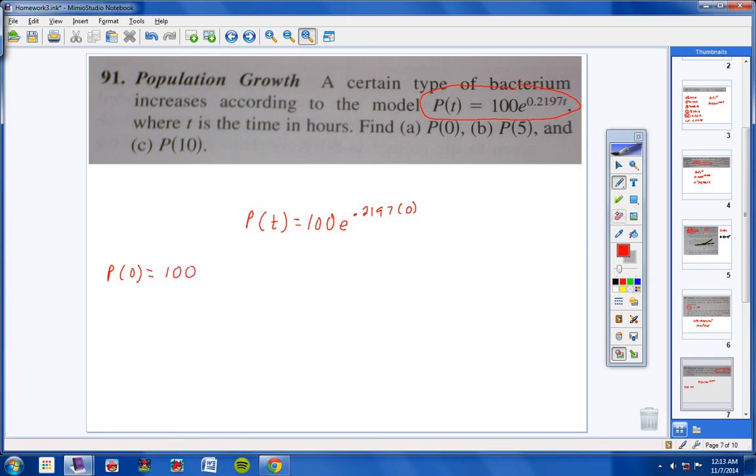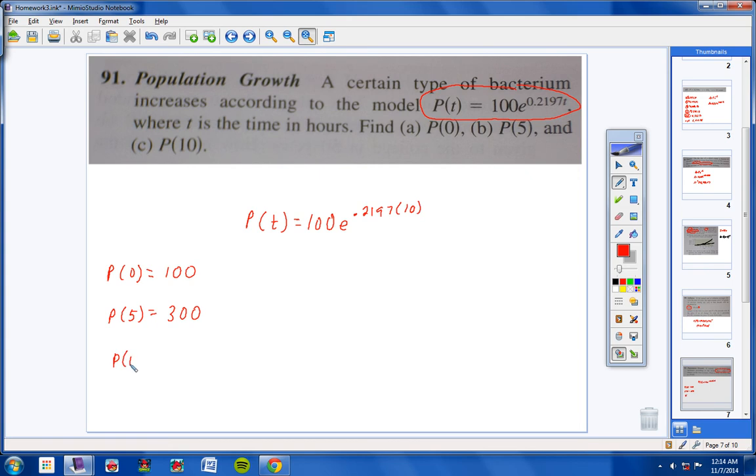Now next, they want us to simply just put in a 5 for your T, P of 5. So here we're going to put a 5, and then type all of that into my calculator. If you do that correctly, you'll come up with P of 5 equals approximately 300. Then they want us to put in 10 for T. So, there we go.